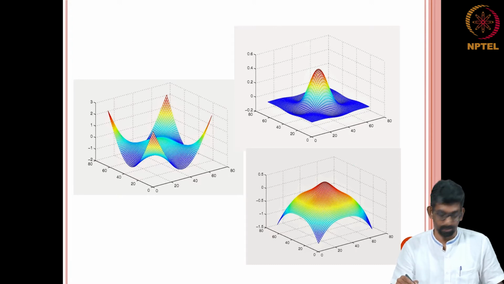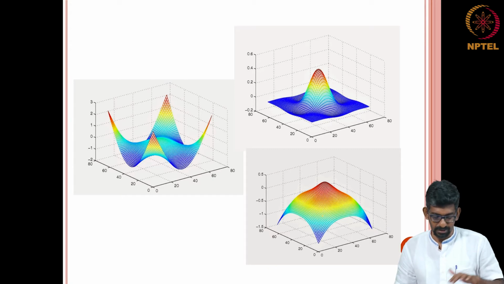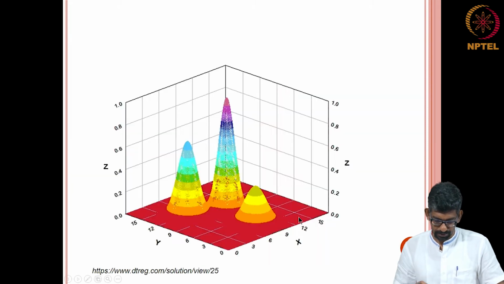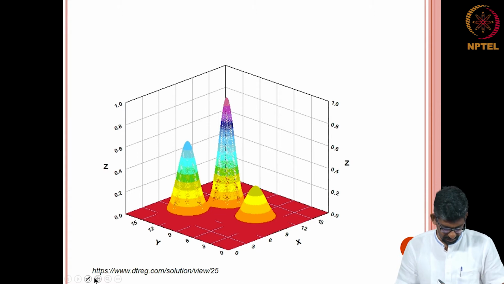This is how a bivariate Gaussian would look. I do not know, this is a quadric probably, and this is an inverse quadric probably. Quadric, you understand, right? Quadratic is 2, quadric is 4 kind of. Okay. So, 3D, how can I do it? Multiple Gaussians, these are the different centers.